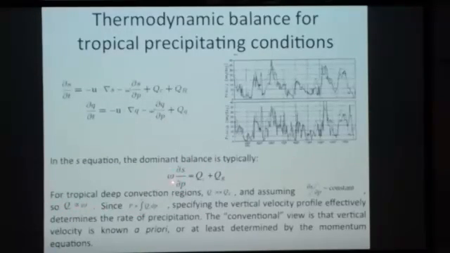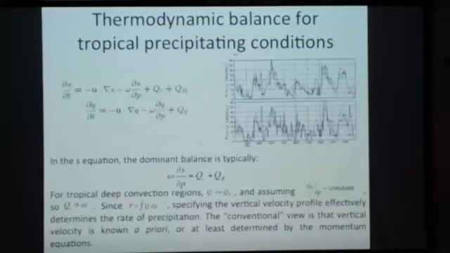In other words, the vertical motion field is proportional to the convective heating. And the vertical integral over Q sub C is proportional to the precipitation. So what this is telling us is that if we could specify the vertical velocity profile, that effectively determines the rate of precipitation.